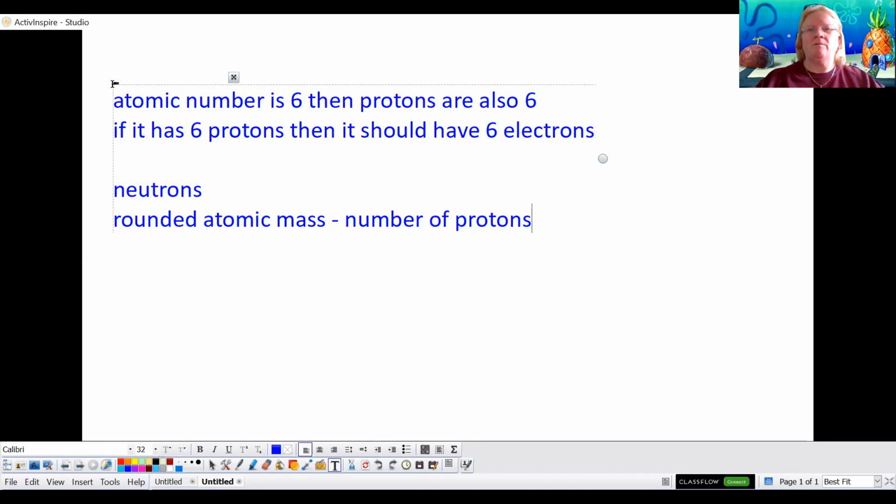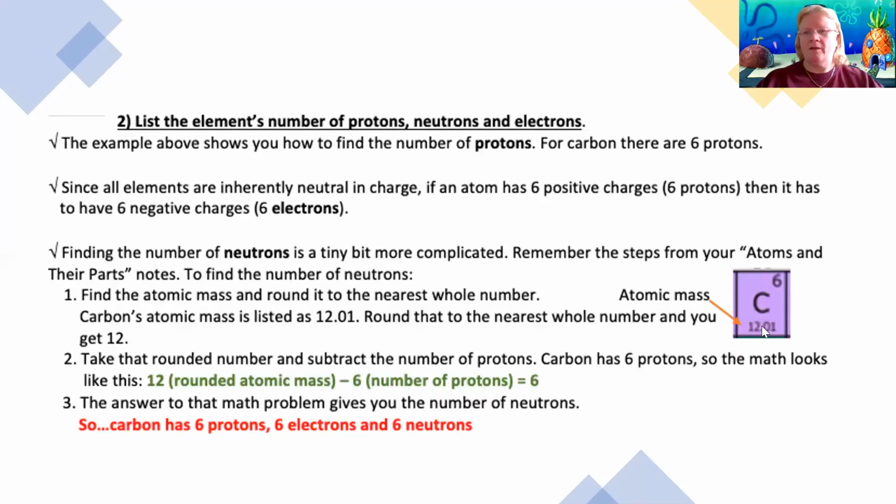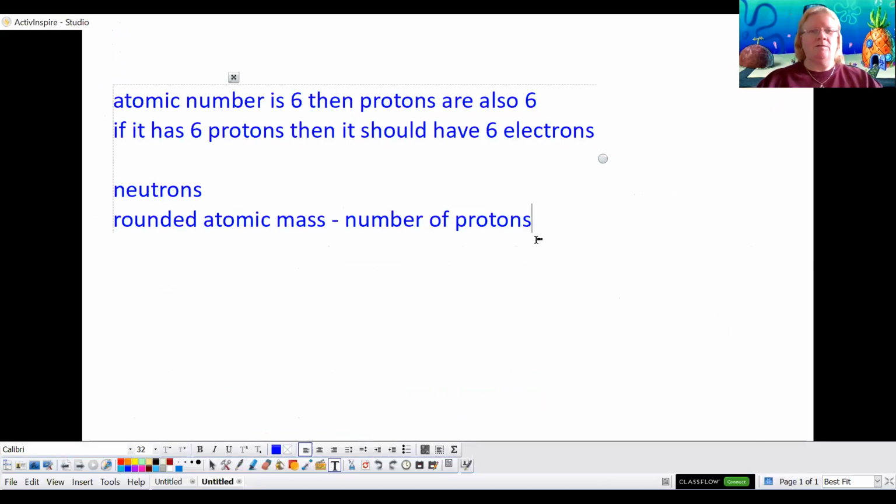So let's look again at that. All right, so the atomic mass right here of carbon is listed as 12.01. So if I round 12.01 to the nearest whole number, it becomes 12. And subtract the number of protons.